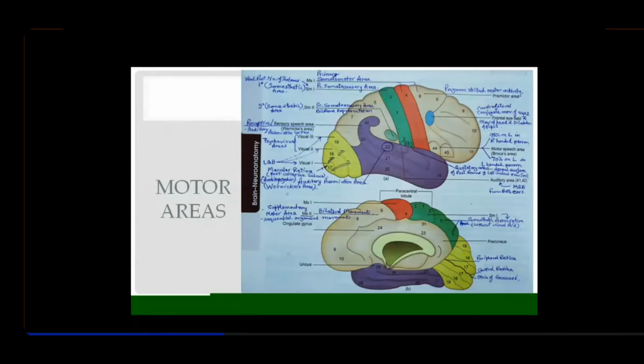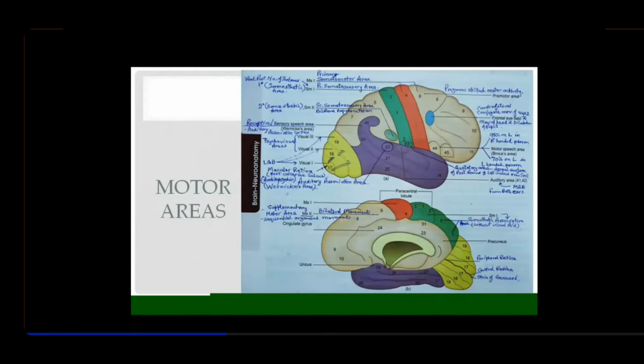One is movement of the eyeballs, then if required, movement of the neck, and if required, dilatation of the pupil. So that was about the frontal eye field area. But remember, opposite conjugate movements of the eyes, contralateral conjugate movements, because sometimes they ask about the lesions also. What will happen if there is a lesion at this site, right? So first you understand the basic things, then I'll teach you about the lesions also.